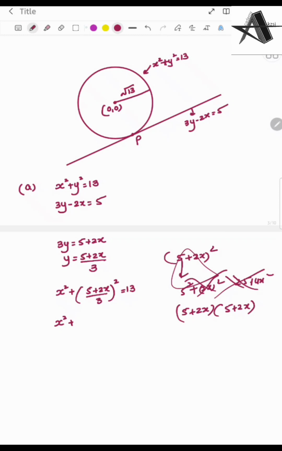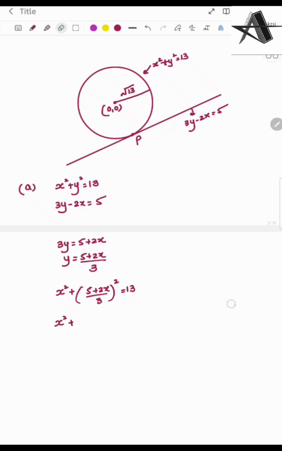The square represents that you are multiplying the same thing 2 times. So obviously you are multiplying 5 plus 2x 2 times, which will be 25 plus 4x squared plus 20x over 9 equals 13.